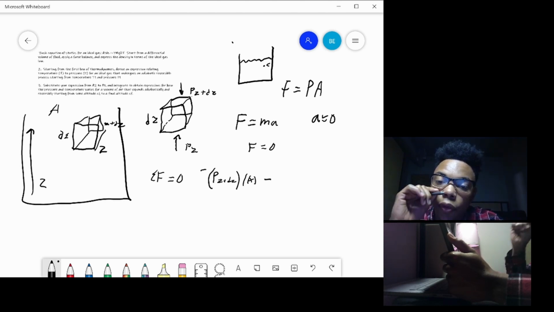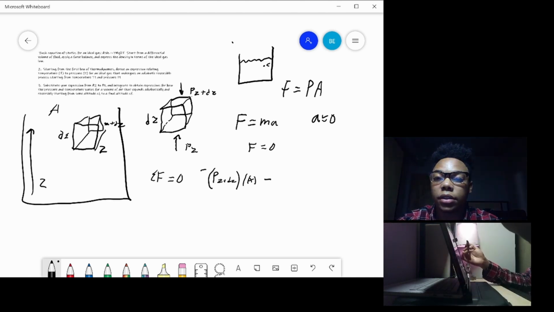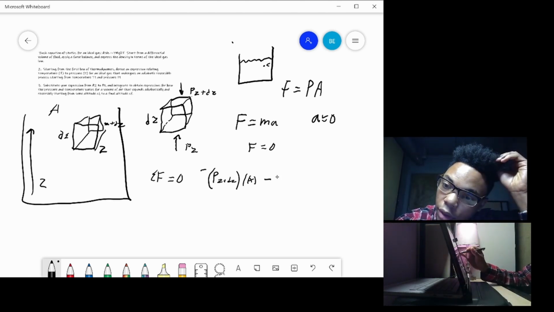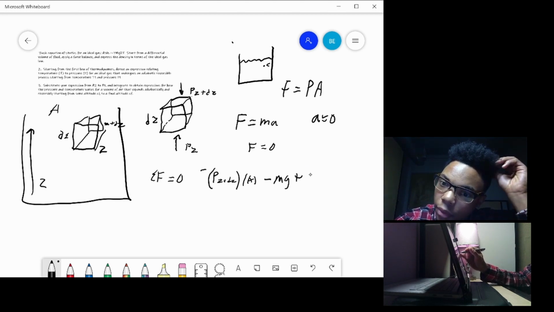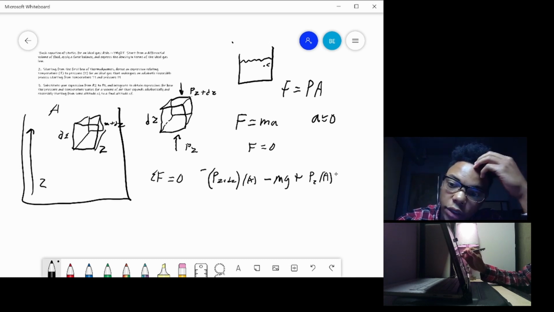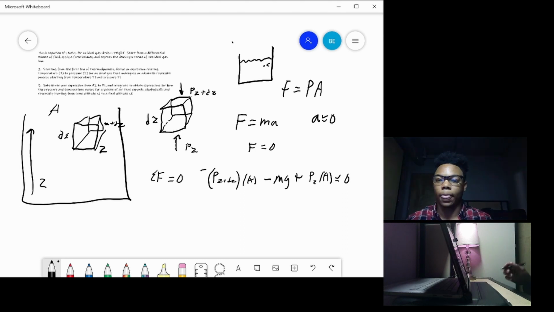And we're going to have a force of our mass times the acceleration of gravity, so minus mg, and that's just of that individual particle in the volume of fluid. And then we're going to have plus a force of our pressure at the initial z on the bottom here times our cross-sectional area. And that is all going to be equal to 0.